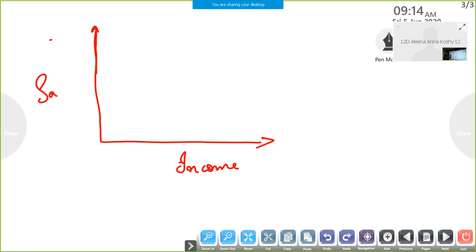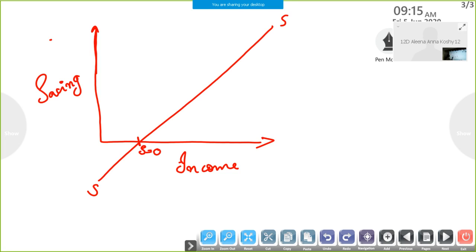Here saving. We are getting an upward sloping curve. So this point shows here what is happening. Saving is equal to 0 or zero saving, or we can use the term break even point.